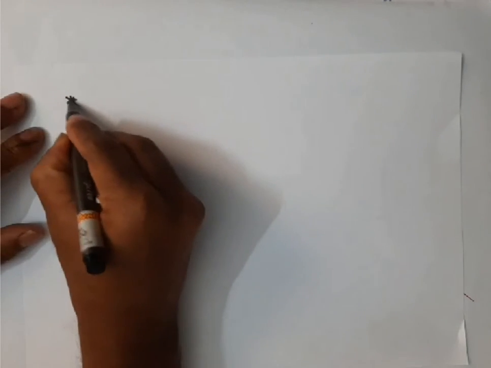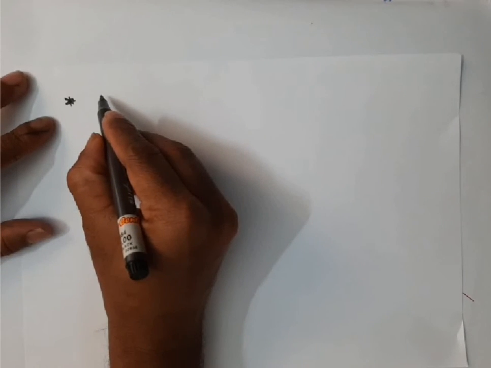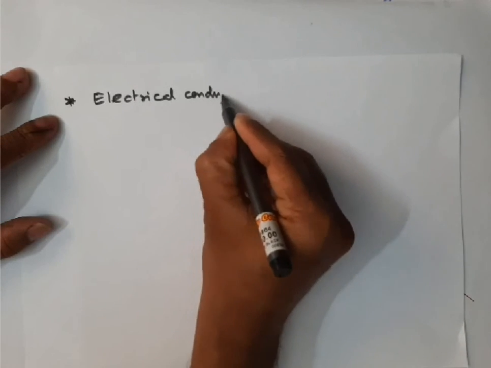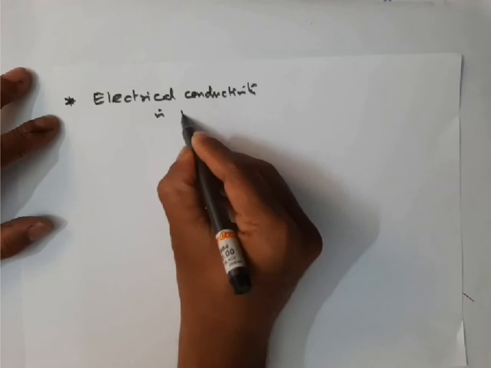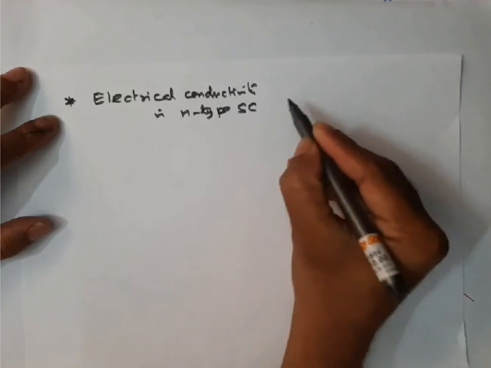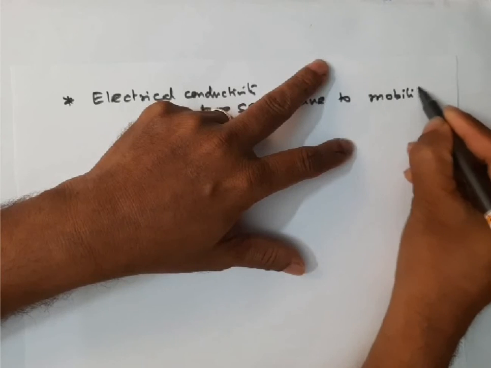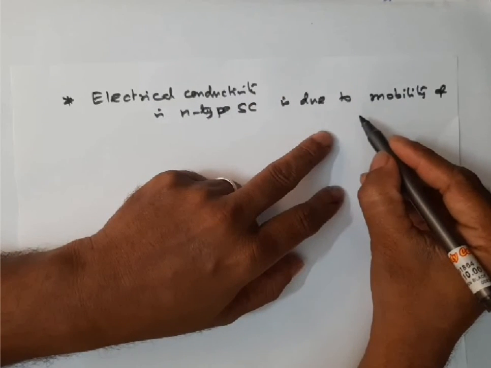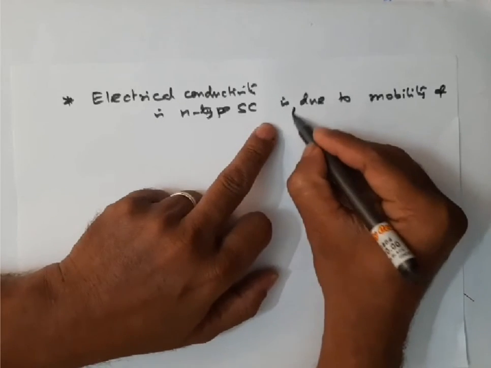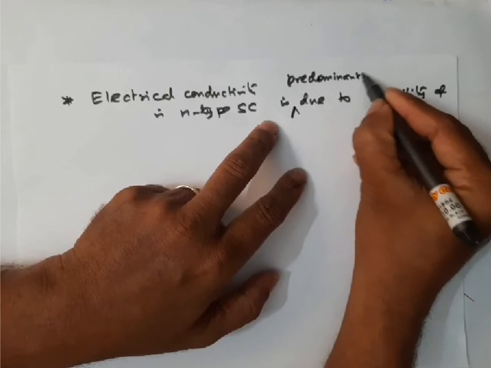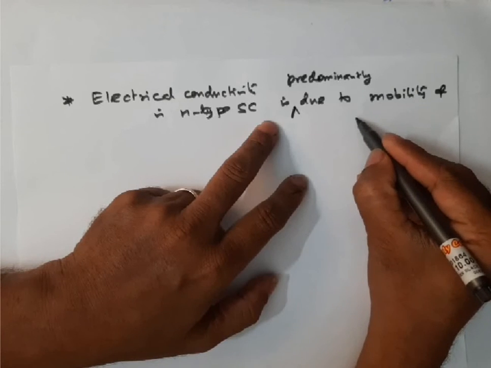Now, go to the next one. Electrical conductivity in an N-type semiconductor is predominantly due to the mobility of these delocalized electrons.